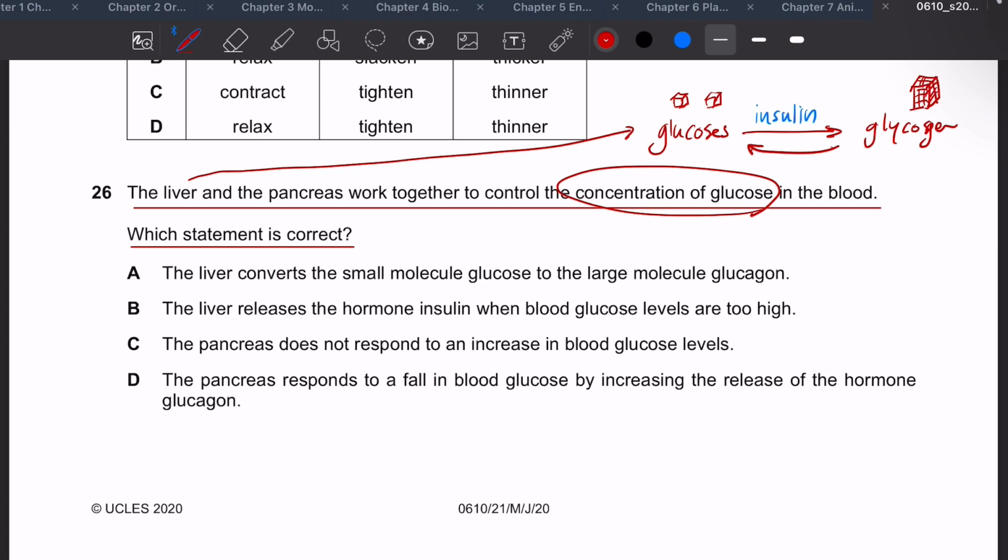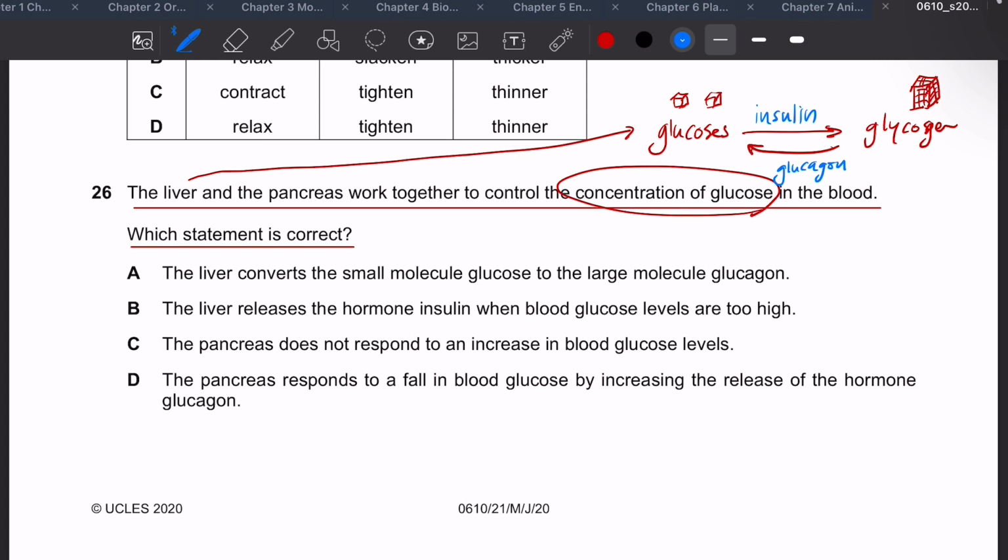So a big chunk of glycogen gets converted back to glucose molecules if a hormone called glucagon is present, or when glucagon is released.